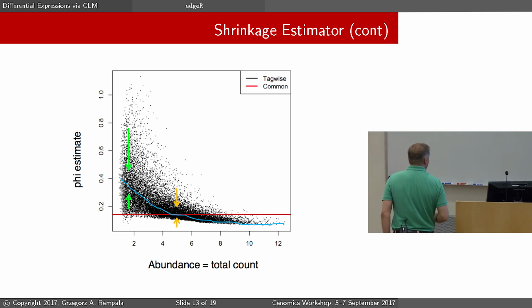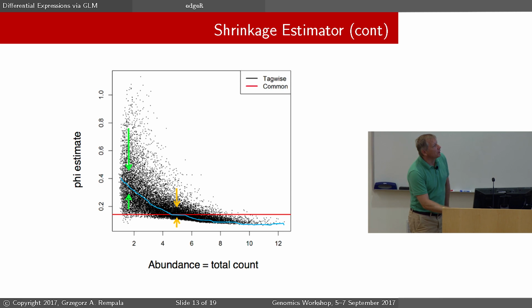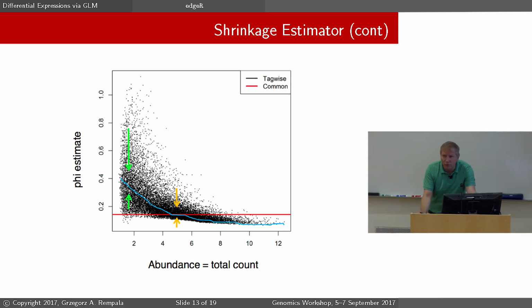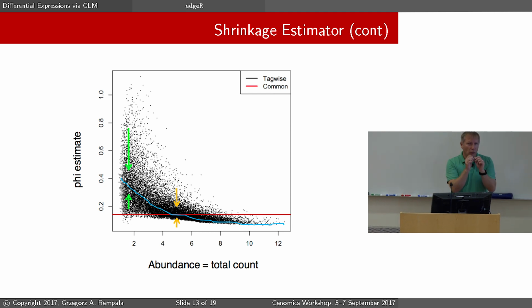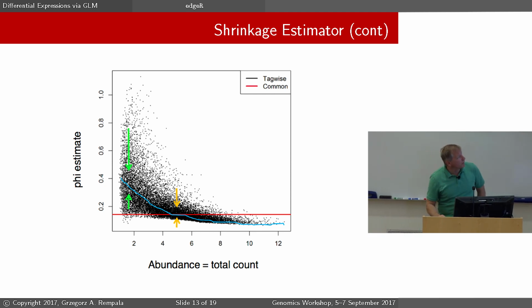So the effect of this is that if this is my phi, which was the overall dispersion that I've estimated from the entire model using all of the tags, and if these dots are the estimates of the over dispersion parameters from a single tag, then by doing this smoothing that I have shown you here, I am basically running the shrinkage line.